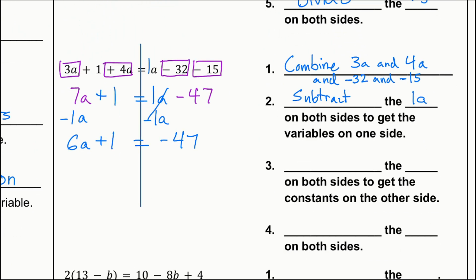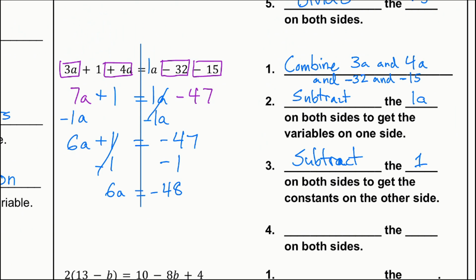From there, I'm going to subtract the 1, which will give me 6a equals negative 48.